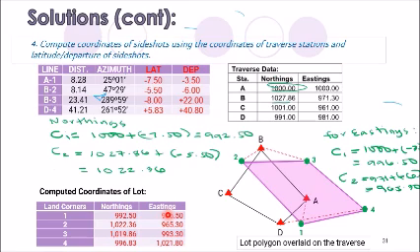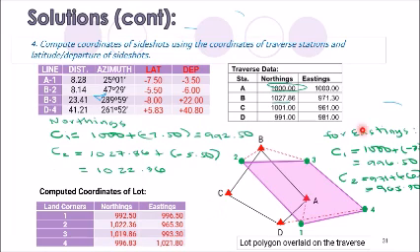So in here, these are the answers. Corner 3 is 1019.86, which is computed from B. So 1027.86 plus a negative 8, so that would be 1019.86.